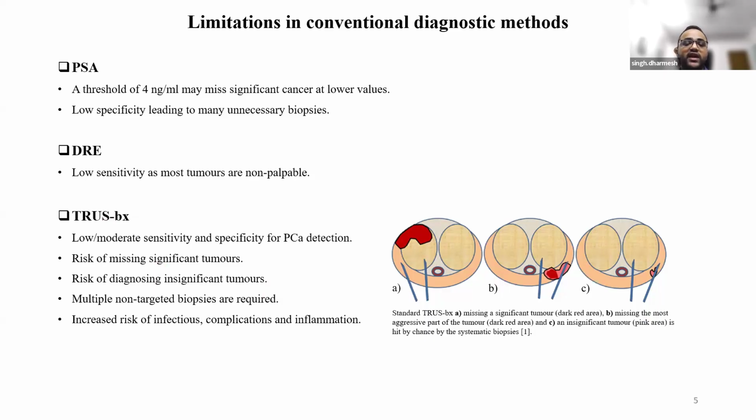It samples randomly, so it can miss aggressive tumors, yet at the same time it may detect small insignificant ones, leading to overtreatment. On top of that, patients are exposed to procedural risks, including infection that sometimes requires hospitalization. These are the limitations of current conventional diagnostic methods.